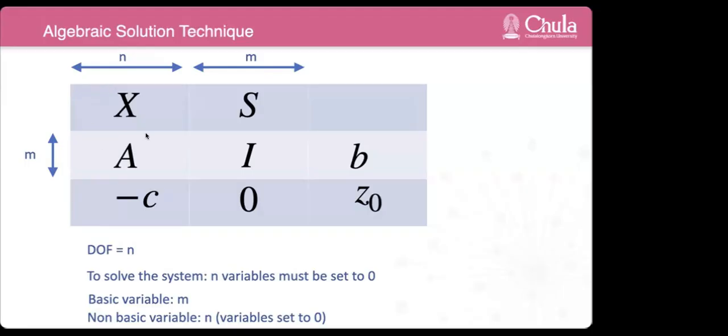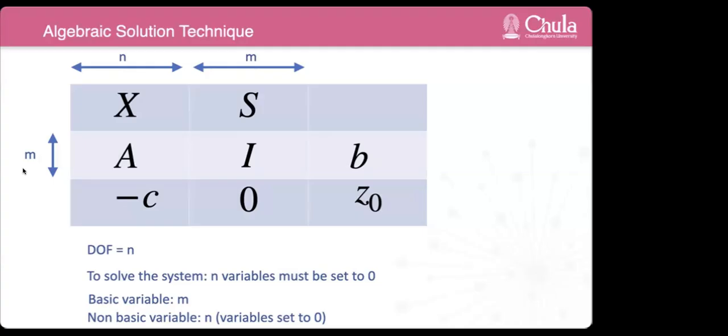You know that we have A, which is m by n, right? And we have the identity matrix here, which is m variables, equal to S. So in this matrix, we have n plus m variables.